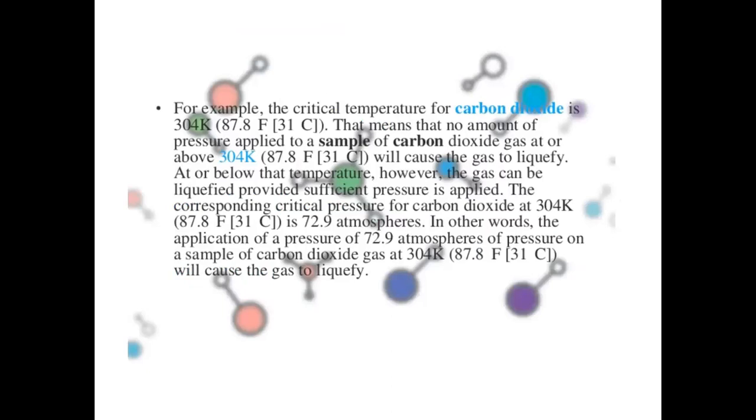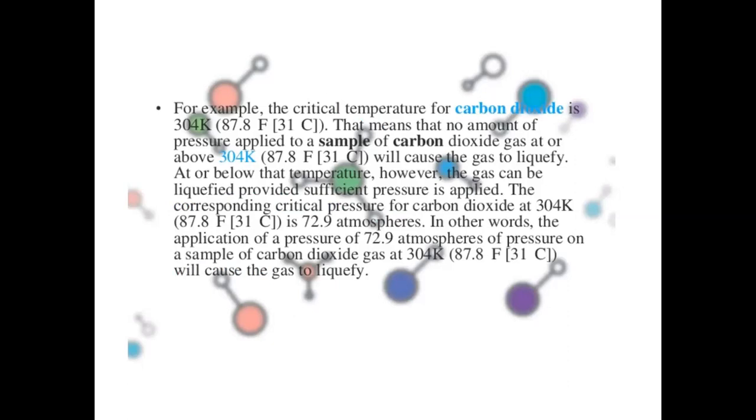At or below this temperature the gas can be liquefied provided sufficient pressure is applied. And the corresponding critical pressure for carbon dioxide at 304 Kelvin is 72.9 atmosphere. It means, students, the application of 72.9 atmosphere of pressure on a sample of CO2 gas at 304 K can cause the gas to liquefy.